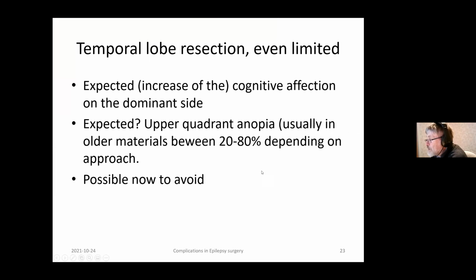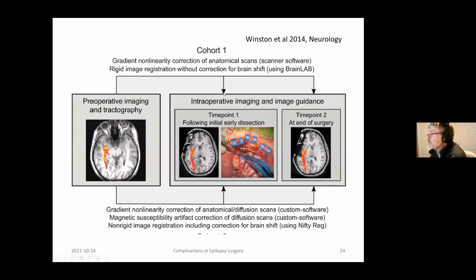And this 80% is really relating to the publications regarding selective amygdalohippocampectomy, which in a very high percentage cut the Meyer's loop. But nowadays it's possible to avoid it. So this is the publication from the National Hospital in 2014, where they used tractography to try to avoid the upper quadrant anopia.